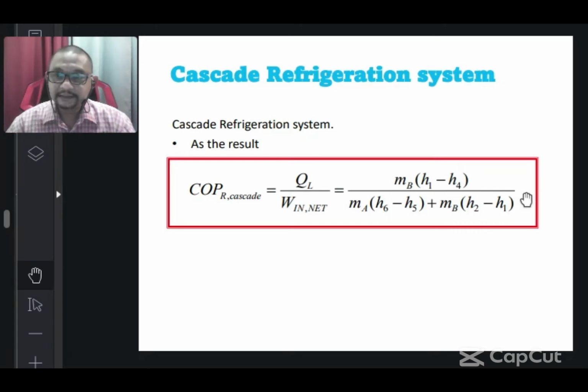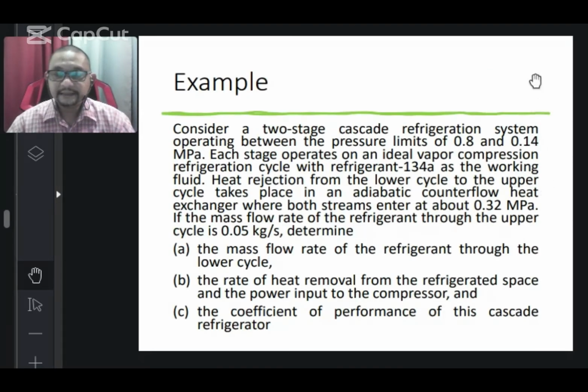This is the formula that you can use to find the coefficient of performance for a cascade refrigeration system. Okay, let's see the example.